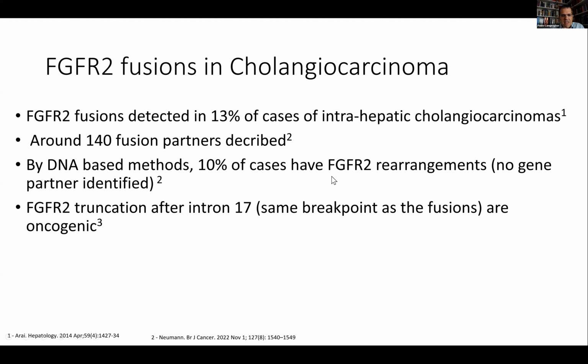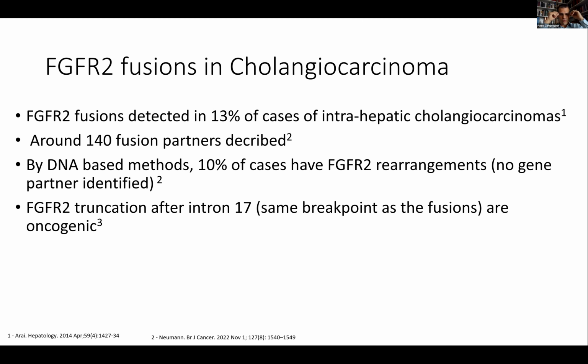And they had 10% of cases with FGFR rearrangements where no partner gene could be identified. And the response rate for the anti-FGFR2 drugs in these samples was similar to the one with fusion detected, right?